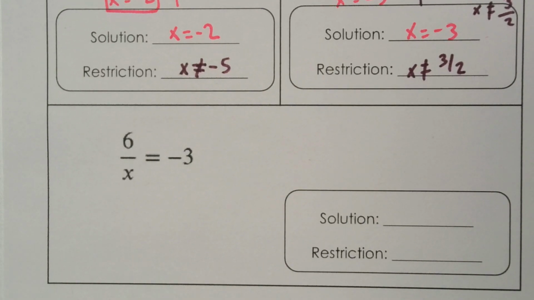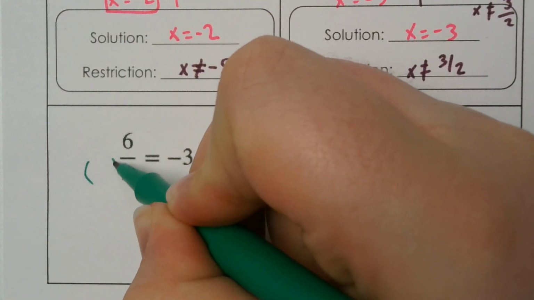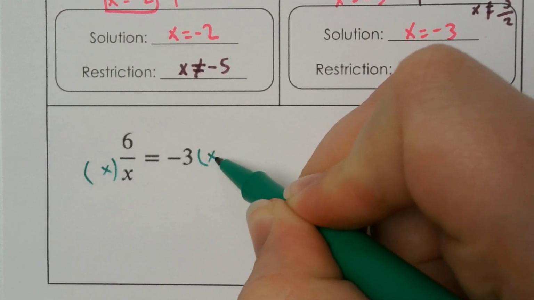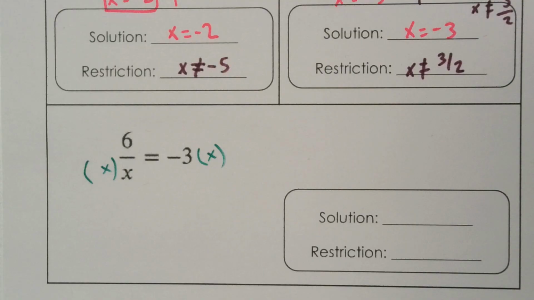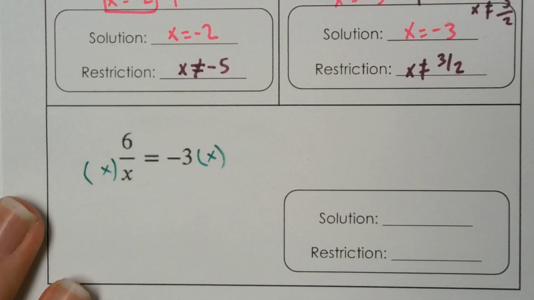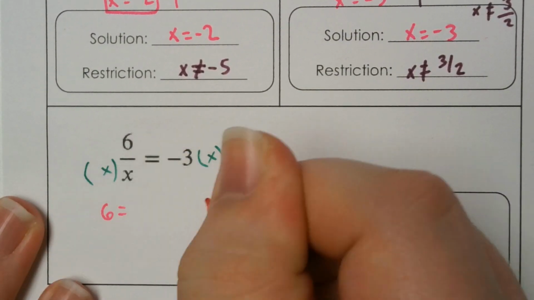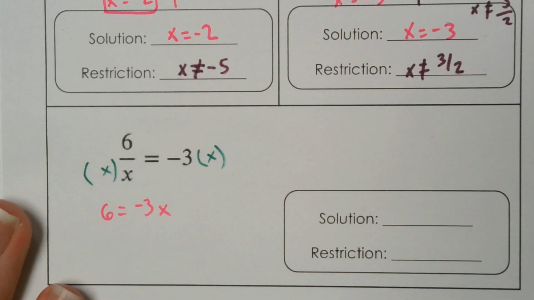So, last one. We have 6 over x equals negative 3. So, again, first thing, we multiply by our denominator. We'll get 6 equals negative 3x.